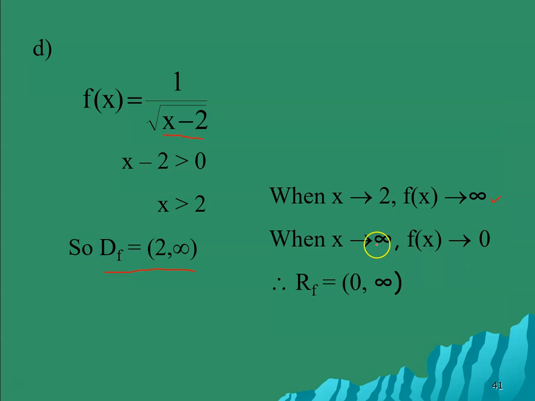Okay, so when you substitute x equal to infinity, your f(x) is going to be equal to 0. So now you can obtain your range, which is your y value. Range is your y values or your output, or actually we call it f(x), bila dah ganti masuk value untuk x tadi. So your range starts from 0 up until infinity.